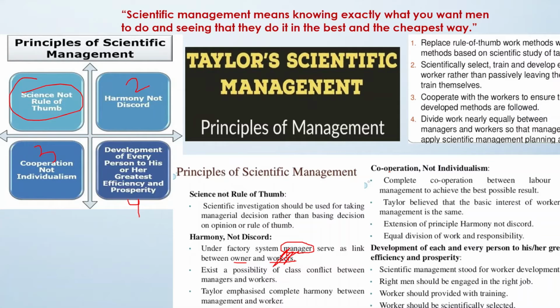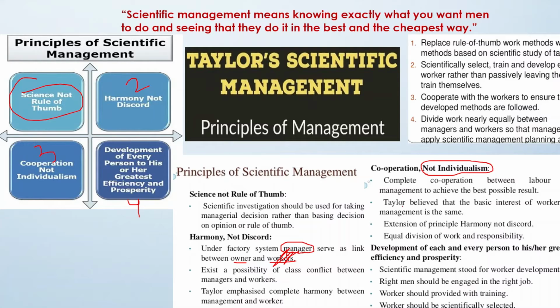Taylor believed that the basic interest of workers and management is the same. This is an extension of the principle harmony, not discord. Another extension is equal division of work and responsibility. Here it is saying cooperate with the workers to ensure that developed methods are followed.